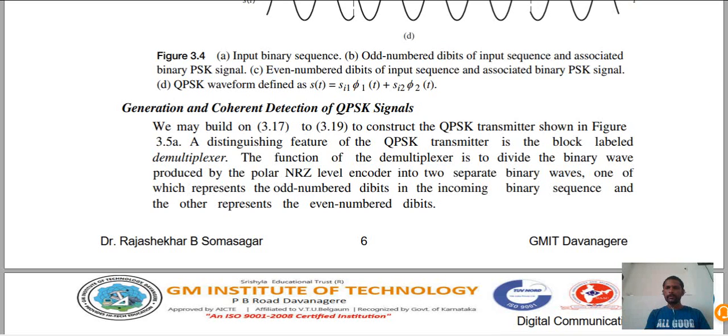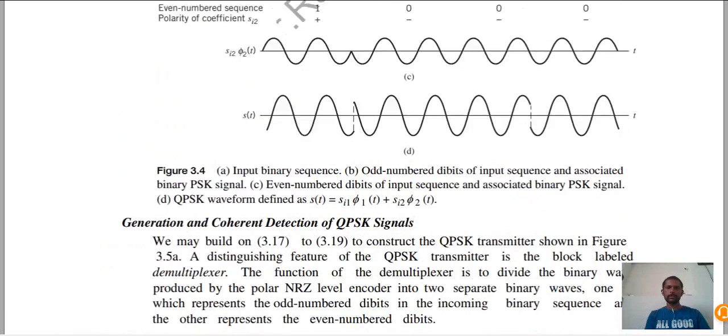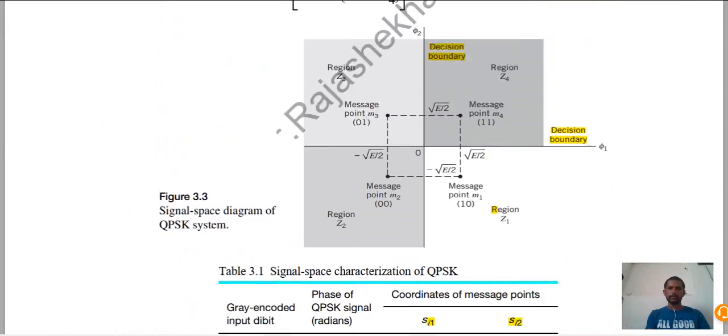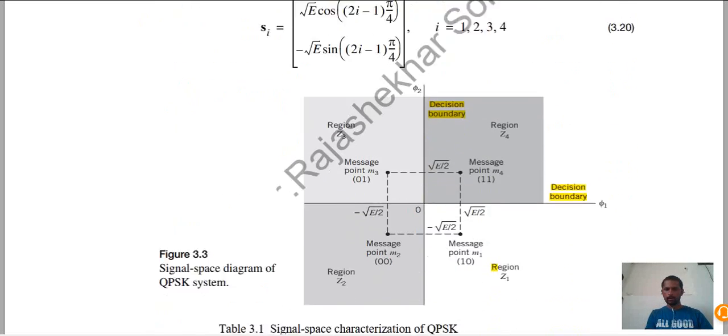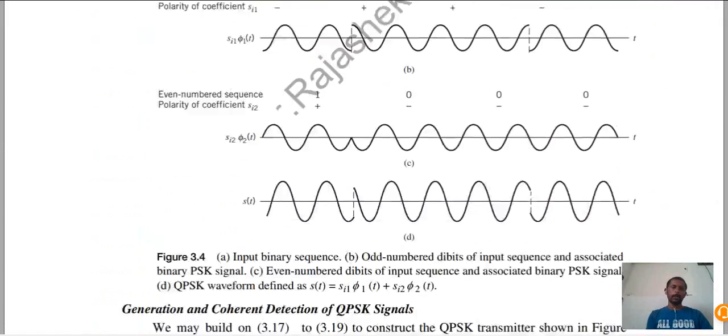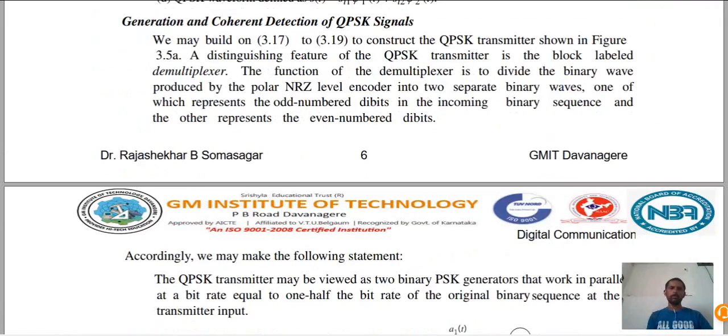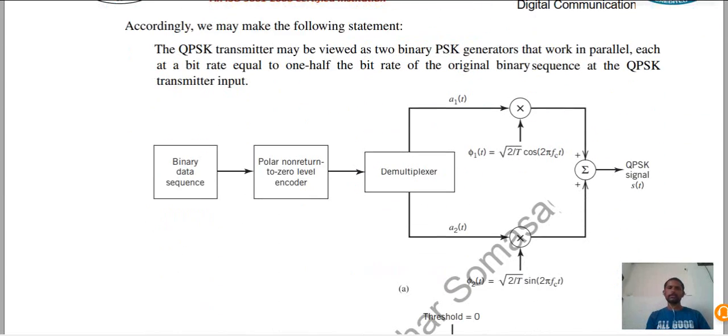As we have studied in equations 3.17 to 3.19, these are the expressions we have discussed above, the cos A form and the cos A plus B form, and how to represent them in orthonormal basis form. These are expressed in the form of the block diagram shown below. We may build on 3.17 to 3.19 to construct the QPSK transmitter, which is shown in this figure.